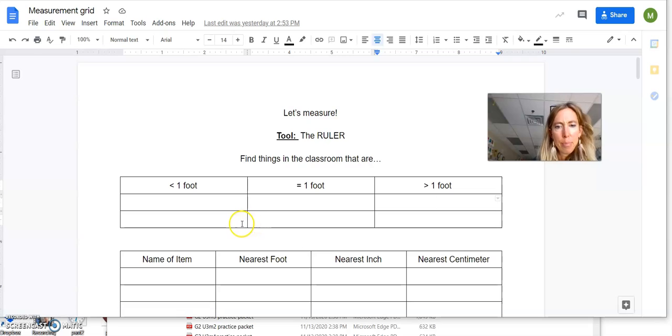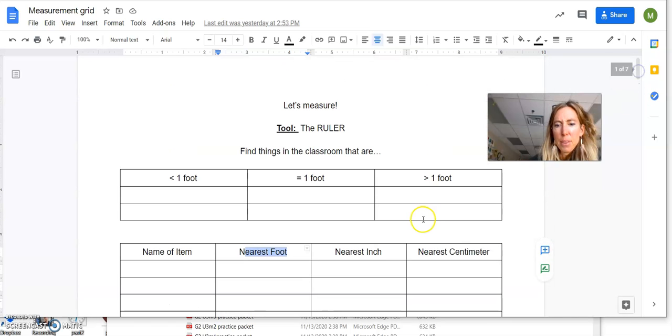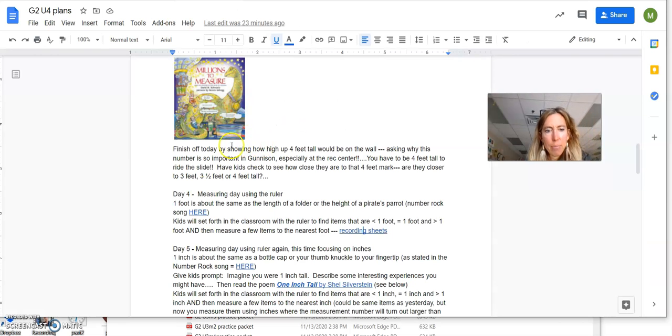And then they find just anything they want and measure it to the nearest foot. There are inches and centimeters on a ruler, so if a kid wants to say, I want to measure it in inches too and centimeters too, they could. Or we could just erase that part and look strictly at feet.